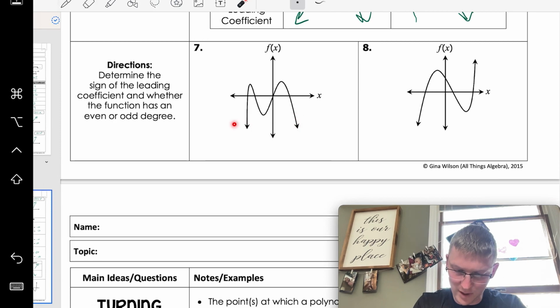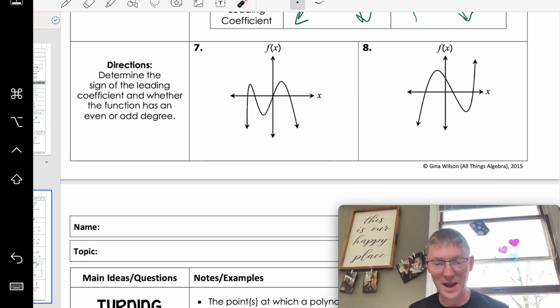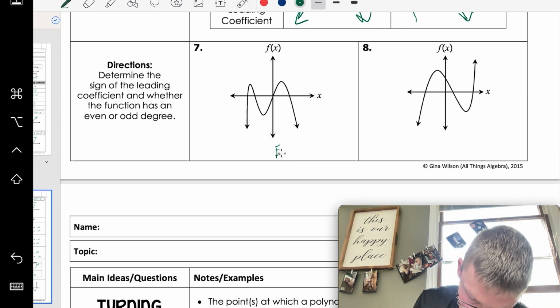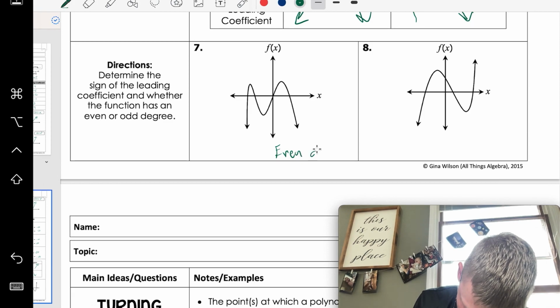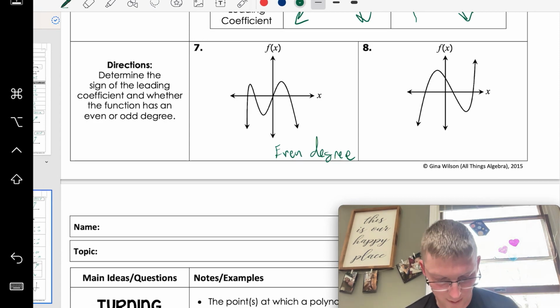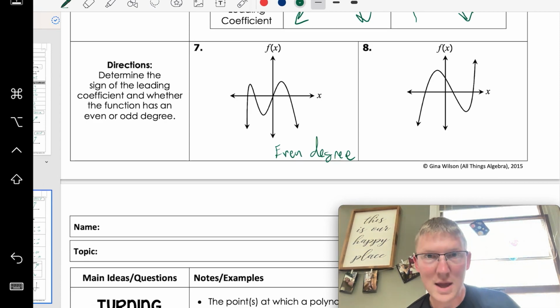Both of the end behaviors are going down, the same direction, so I know it is an even degree, like x squared, x to the 4th, x to the 6th.